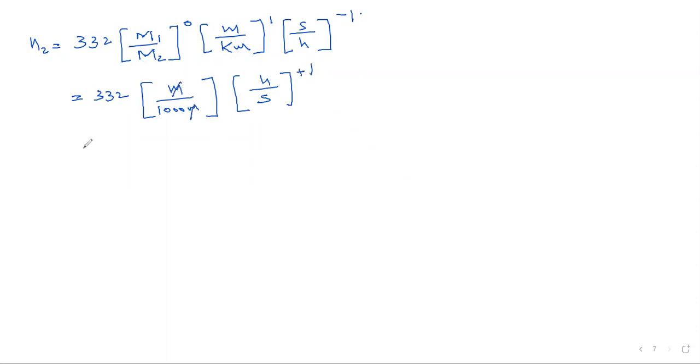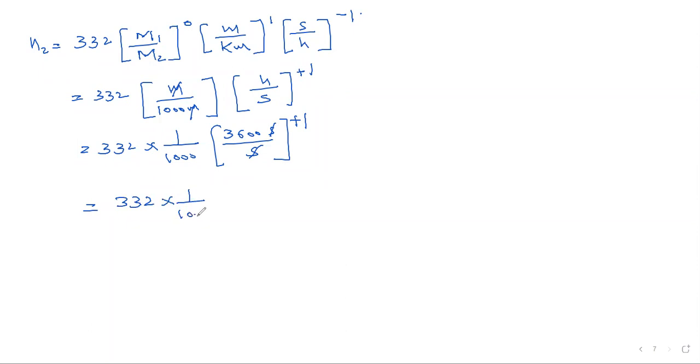Meter, meter cancel. This is 332 into 1 upon 1000. And this you see, 1 hour equal to 3600 seconds, upon second whole power is +1. This is cancelled. Am I clear? Yes, sir. 332 into 3600 upon 1000.